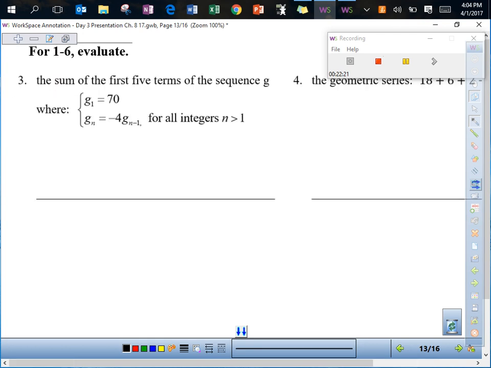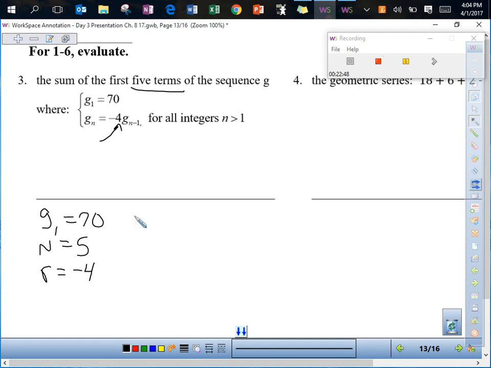Here goes my number 3. This one happens to be recursive. Big deal. I know it's geometric because I'm multiplying right there, and there's no addition or subtraction back here. So things that I know, G sub 1 is 70. We're summing up the first 5 terms, so N is 5. My R value is going to be negative 4.